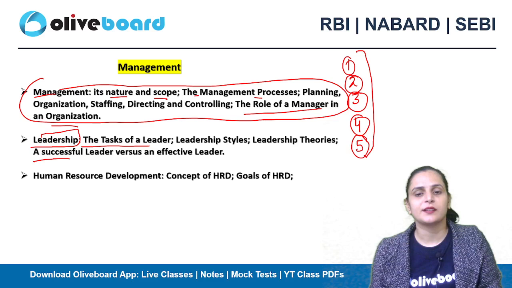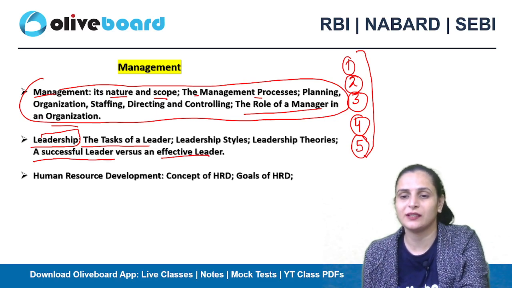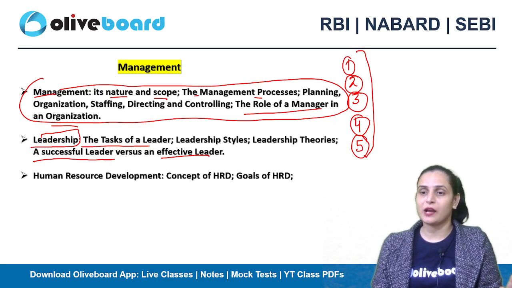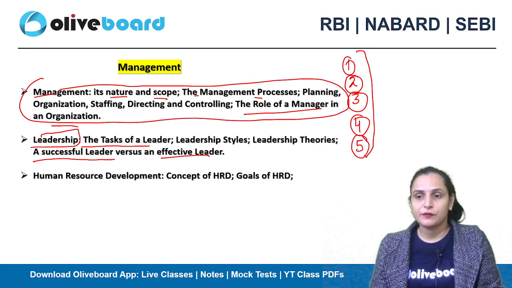We'll discuss a successful leader versus an effective leader. Most aspirants think, how will these two terms be different? Yes, these two terms are different. A successful leader will think about himself first.